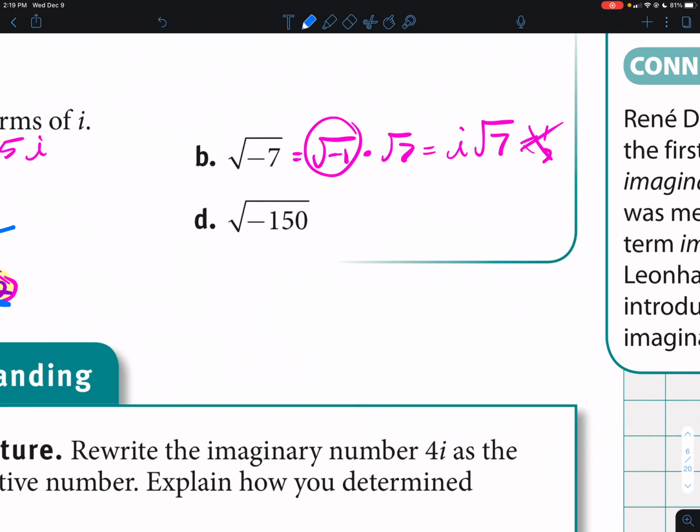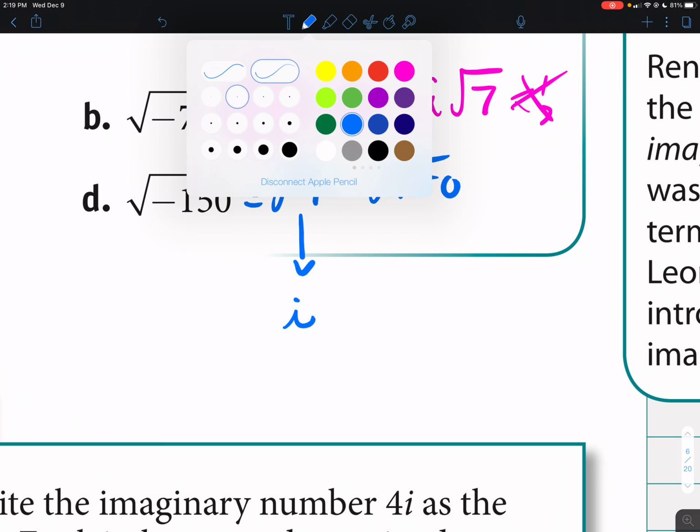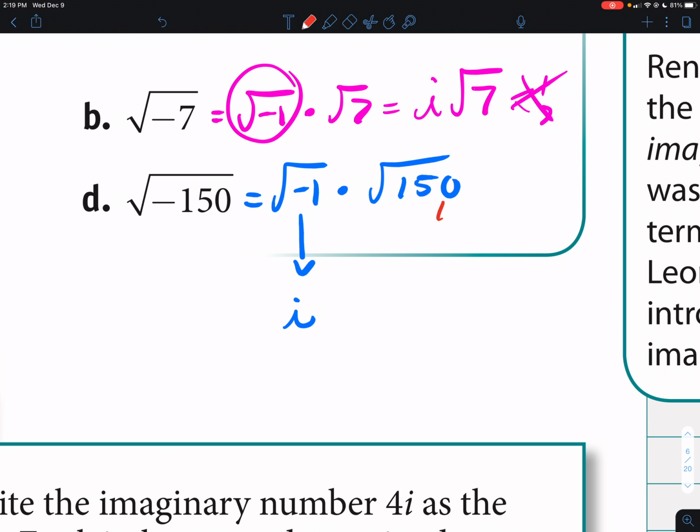And then on example D, again, that's -150. So that's the square root of -1 times the square root of 150. And we can change the square root of -1 to i. And now we need to break down the 150. So that's going to be 2 and 75, 3 and 25. And then 25 is a perfect square.